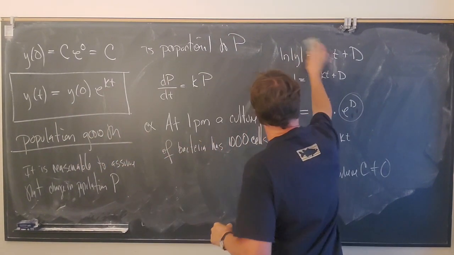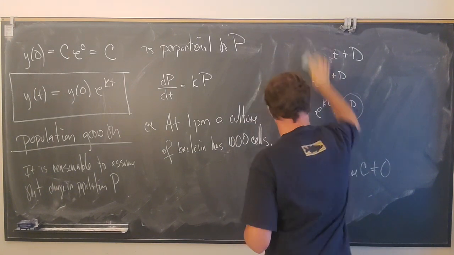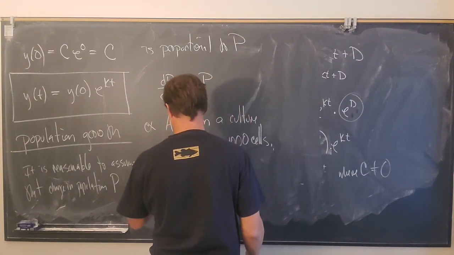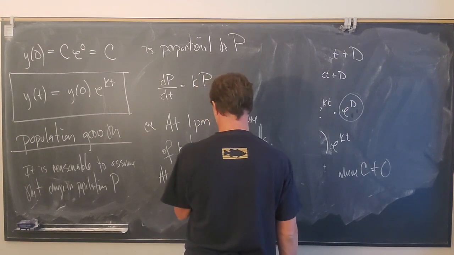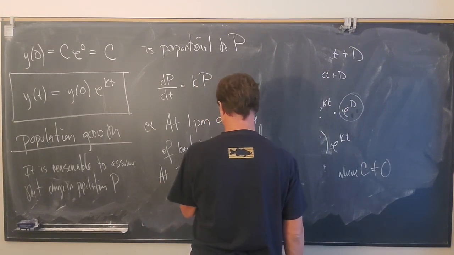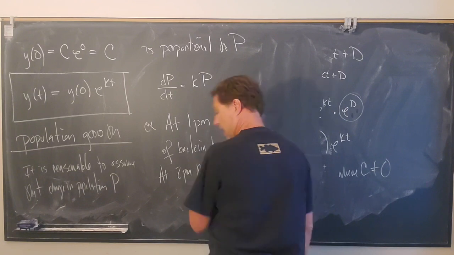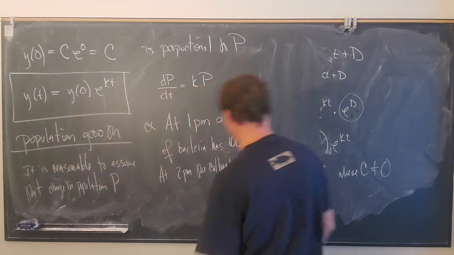At 2 p.m., so 1 hour later, the culture has 6,000 cells.